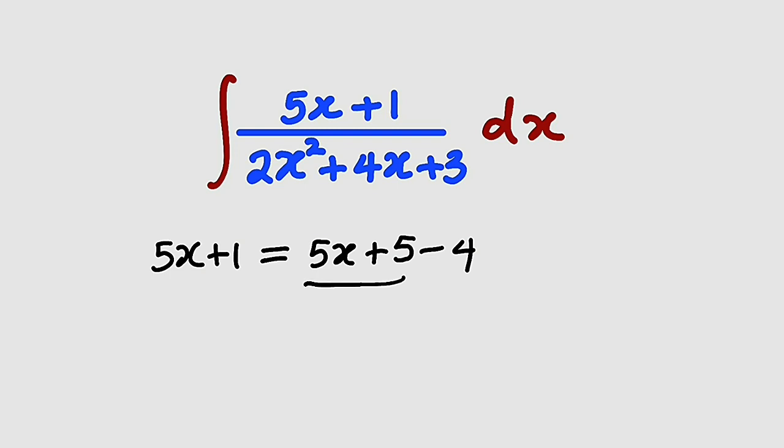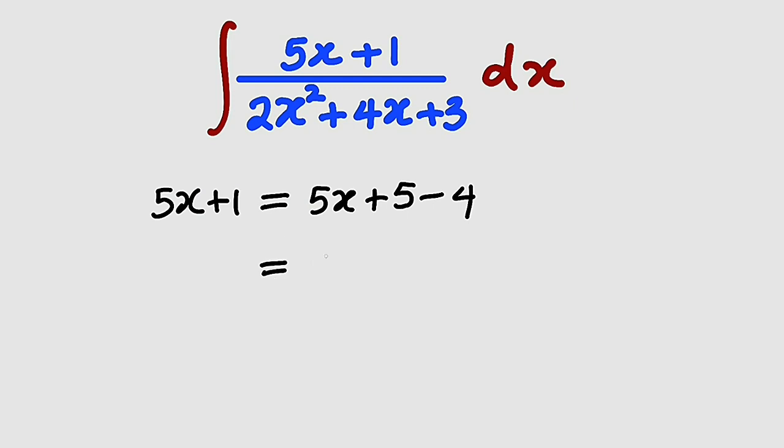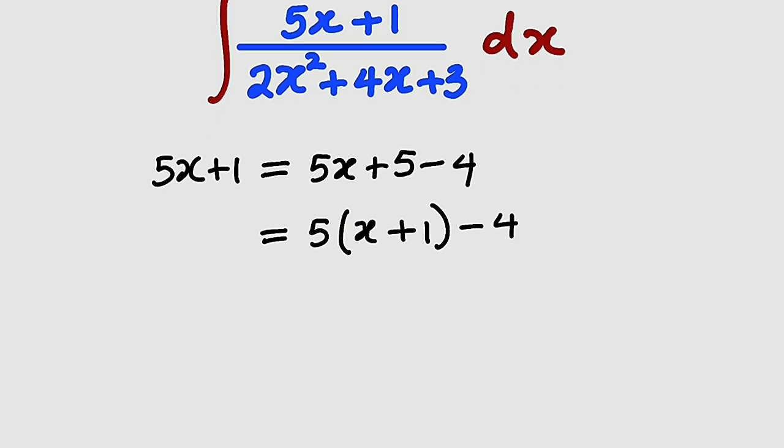So let me group the first two terms. We have 5 in common. So I can say that this is equal to 5 outside, inside I have x plus 1, right? Then I still have minus 4. Still, I want to transform it into 4x plus 4. So by multiplying these two times by 4, they will become 4x plus 4, right?